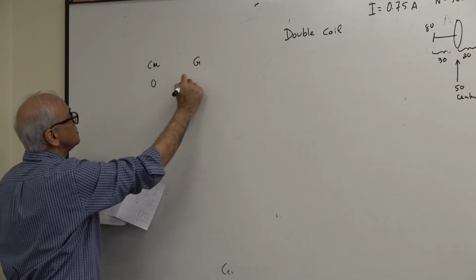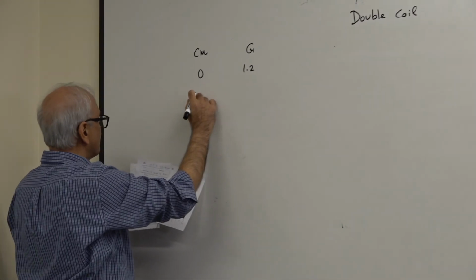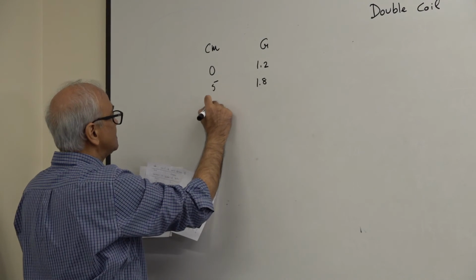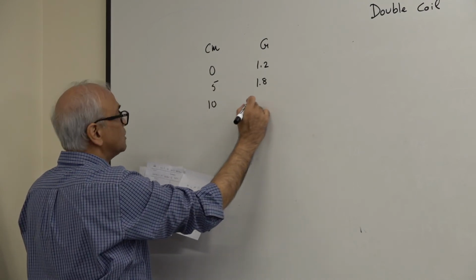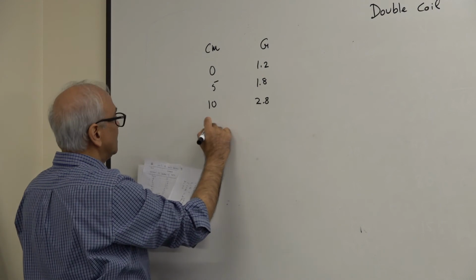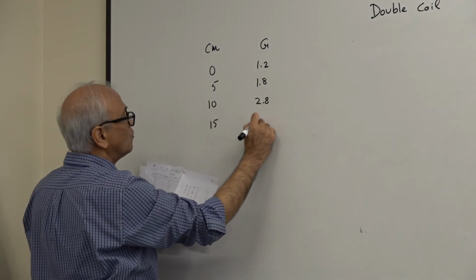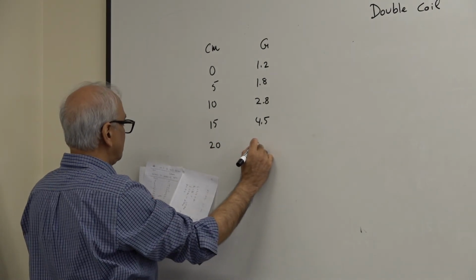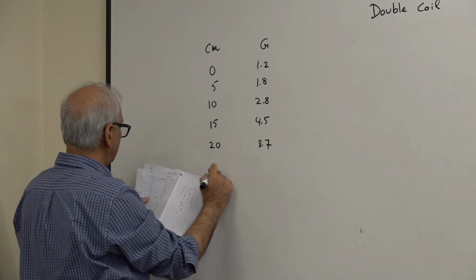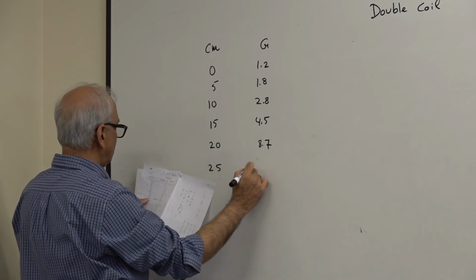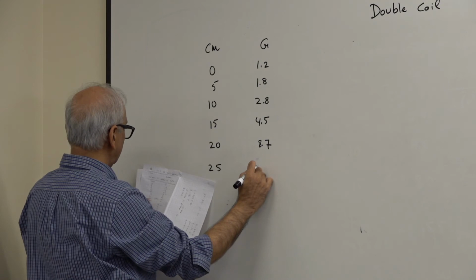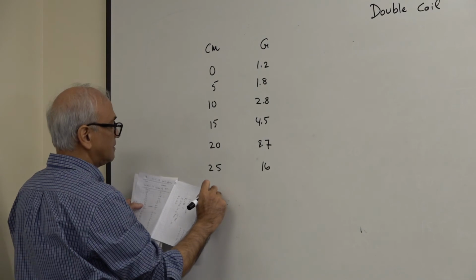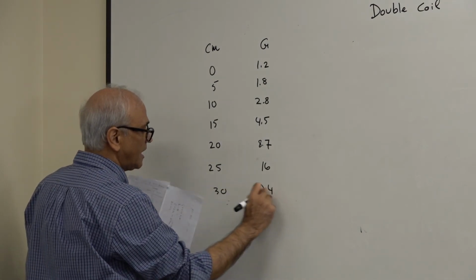So 0 centimeter is 1.2. 5 centimeter is 1.8. 10 centimeter is 2.8. 15 centimeter is 4.5. 20 centimeter is 8.7. 25 is 16, and then 30 is 24, and this is the center.